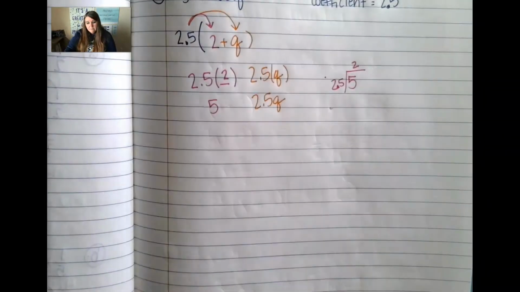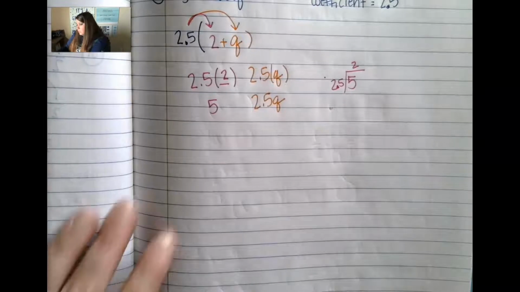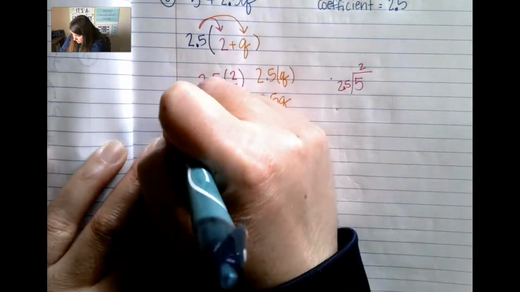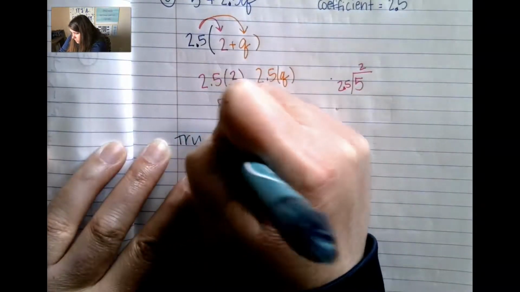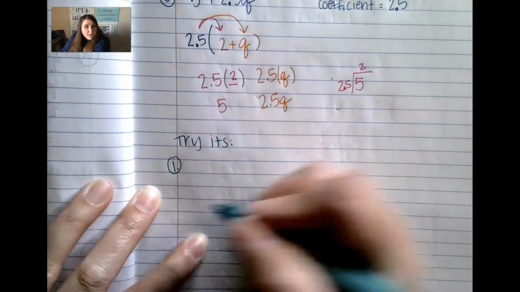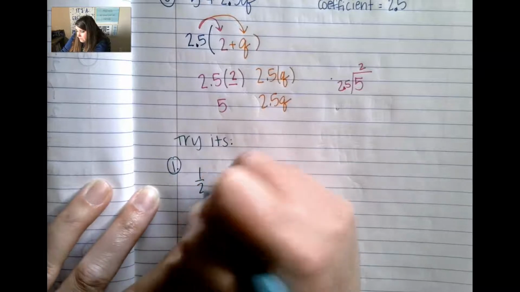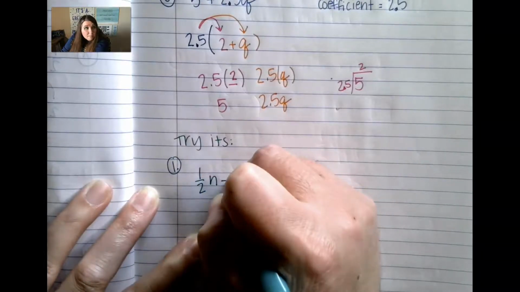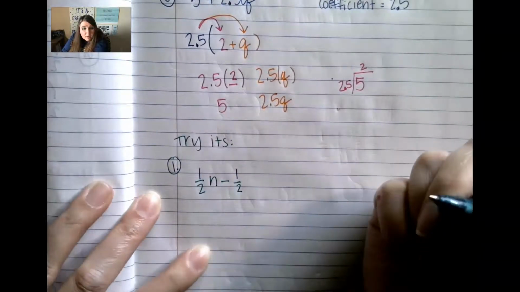All right, it is time for some try-its, 2 of them. So here are our try-its. Try-it number 1 is 1/2 of n minus 1/2.